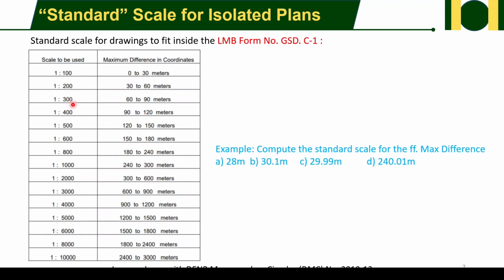So 1, 2, 3, 4, 5, 6, and there is no 7. There is 8 because 8 came from 400 times 2. And of course, 1,000 came from 100, just add a 0.